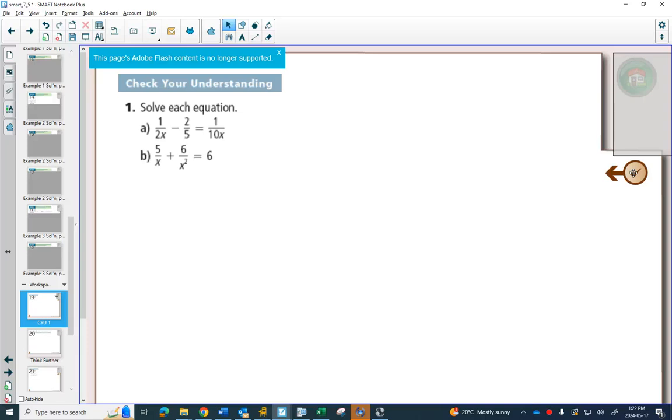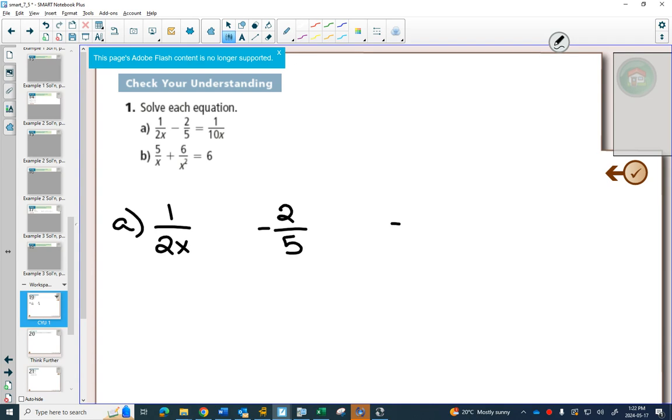So, the main strategy is get a common denominator. So at A, I'm going to leave some space. Can you see what a common denominator would be for all three of these? The number would be 10, right? 10. And the variable would be x.